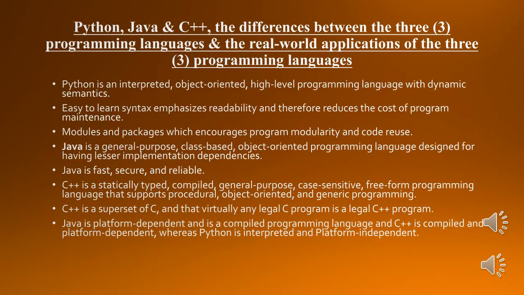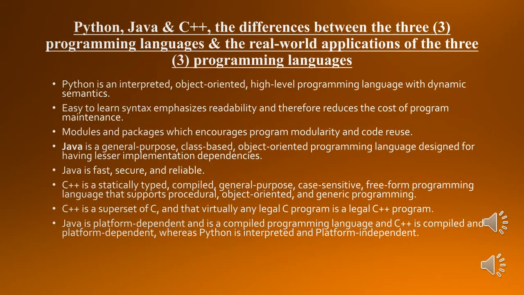And then continue with C++. C++ is a statically typed, compiled, general-purpose, case-sensitive, free-form programming language that supports procedural, object-oriented, and generic programming. C++ is regarded as a middle-level language as it comprises a combination of both high-level and low-level language features.